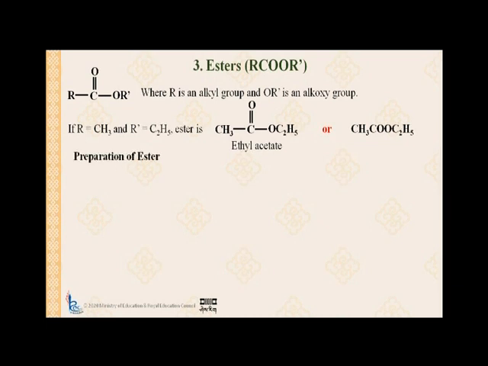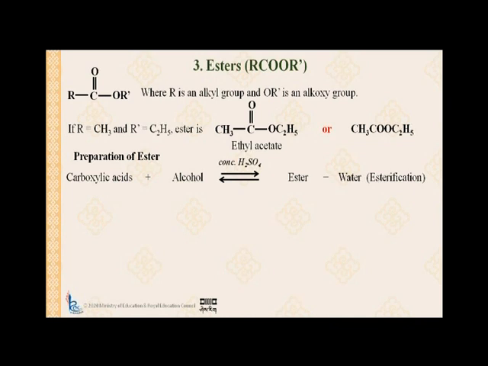Now let's see how these esters are prepared in a lab. This is the general equation where esters are prepared. To prepare an ester, number 1, we need a carboxylic acid. When this carboxylic acid reacts with alcohol in the presence of concentrated sulfuric acid, we get an ester and water.